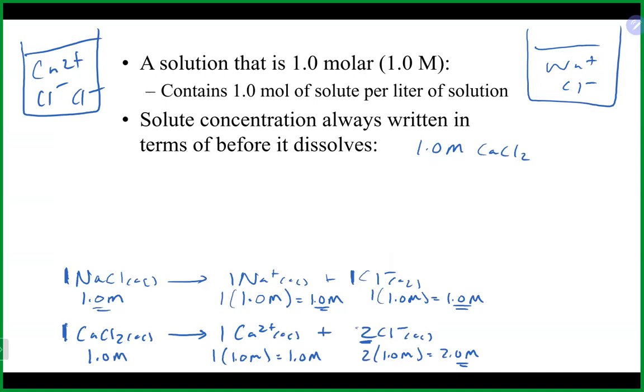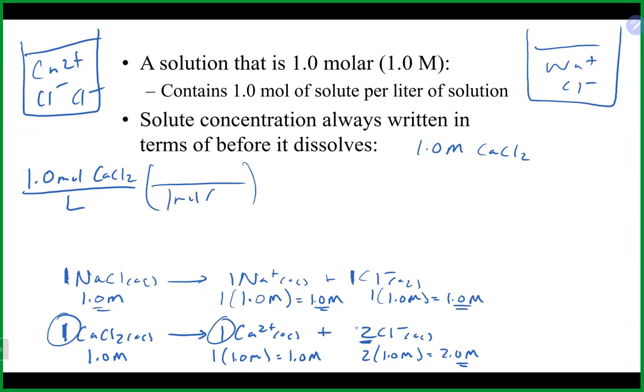Let me show you the long version of that calculation so you can see how that comes about. If we take our calcium chloride, and we had our 1 molar calcium chloride per liter, we would do our mole-to-mole relationship, a 1-to-1 relationship here. So 1 mole of calcium chloride would give us 1 mole of calcium ions, and that would give us 1 mole per liter calcium ions.